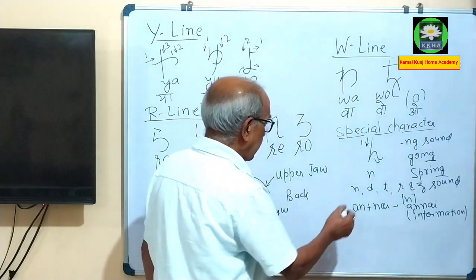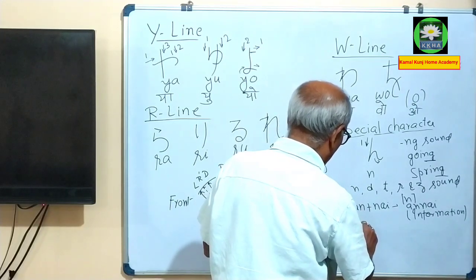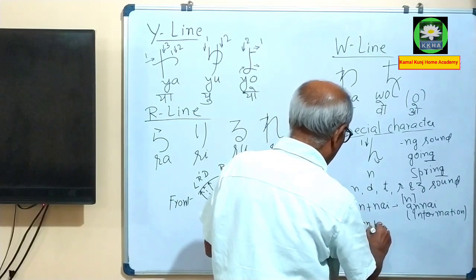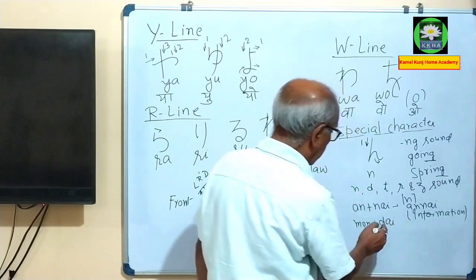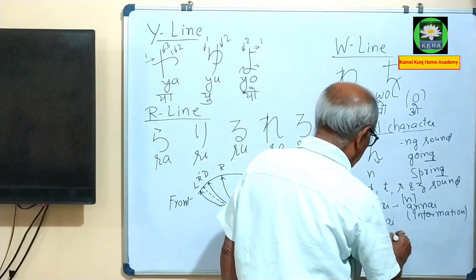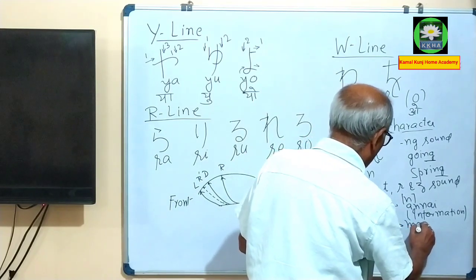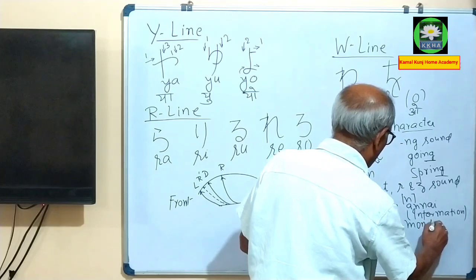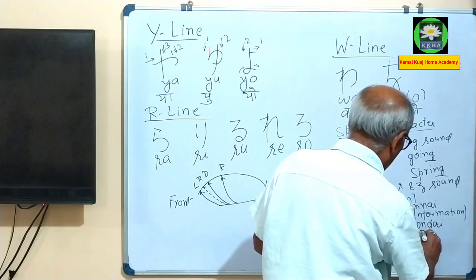Similarly, if it is followed by D sound, for example, mon plus dai, followed by D sound, it is pronounced as mondai. Mondai means problem.